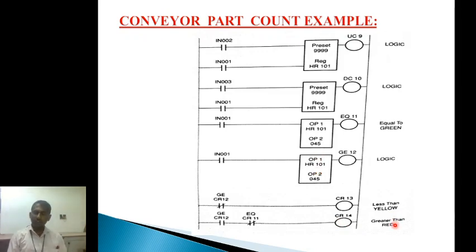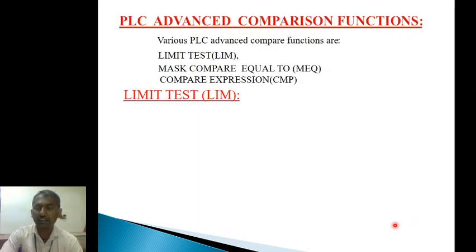So we have three conditions. What are the three conditions? Less than 45, equal to 45 and greater than 45. If the parts on the conveyor are less than 45, then yellow light will be on, and if the parts on the conveyor are exactly 45, then green light will be on, and if the parts on the conveyor are greater than 45, then red light will be on.